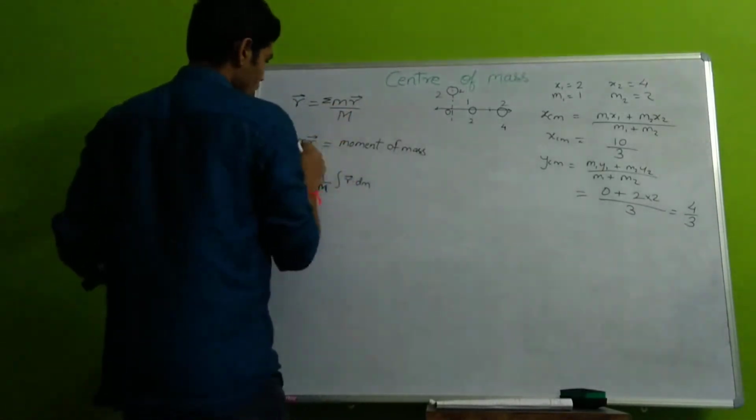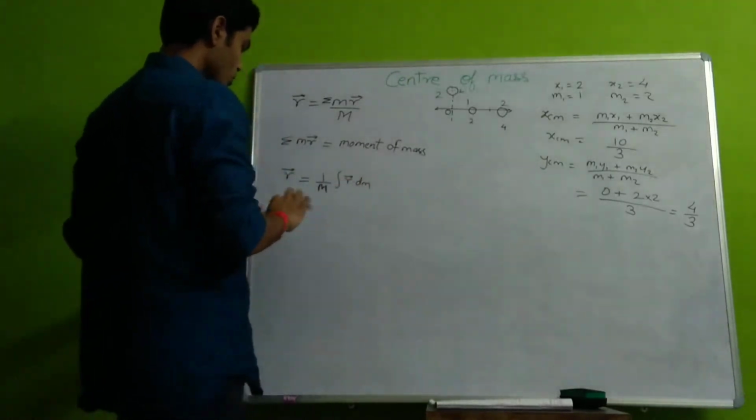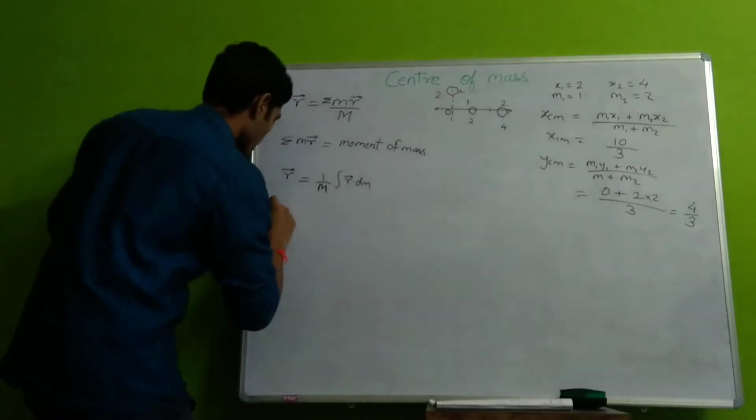So this is for a continuous body. Now we can also define the velocity of the center of mass.